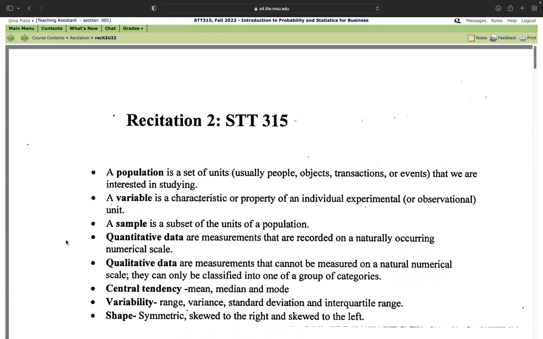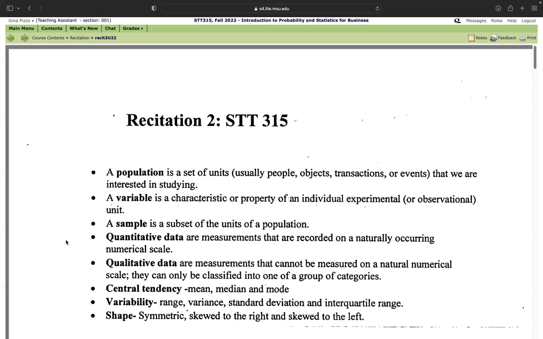But if we're dealing with different colors or a person's race, that would be qualitative data.